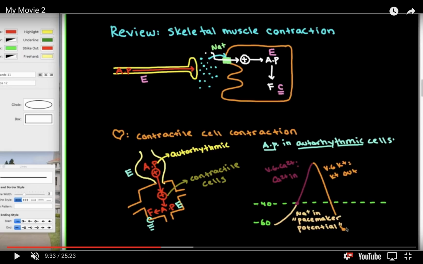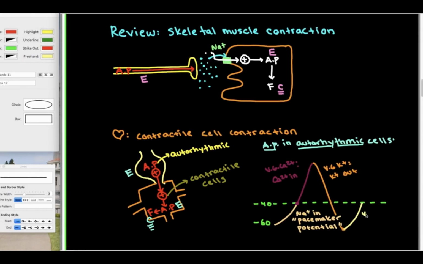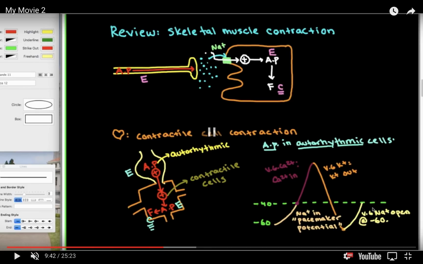What happens when I get back to minus 60 is that there's this set of voltage-gated sodium channels that spontaneously open at minus 60. We have never ever seen a voltage-gated channel like this. Every single voltage-gated channel we have seen opens when the cell gets more positive.